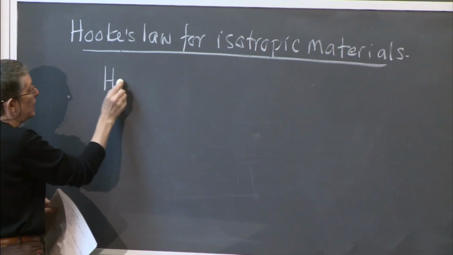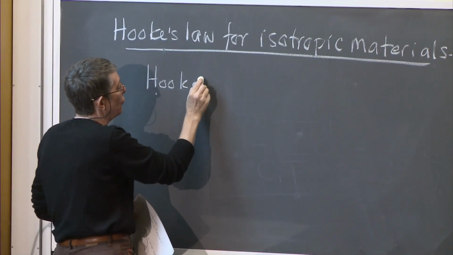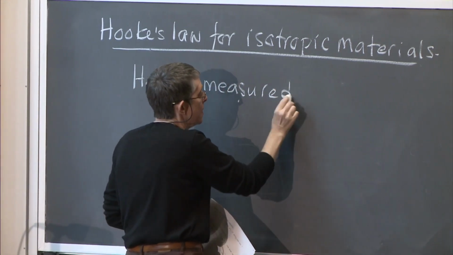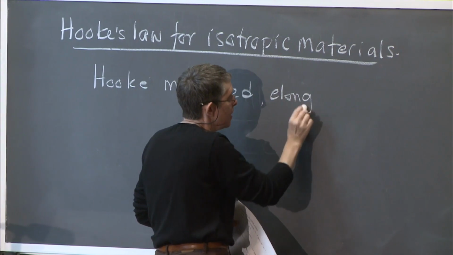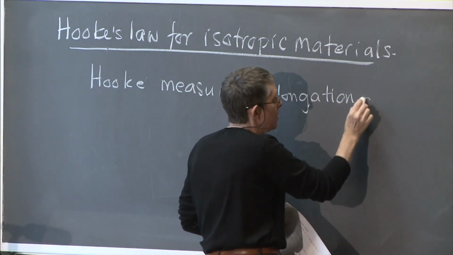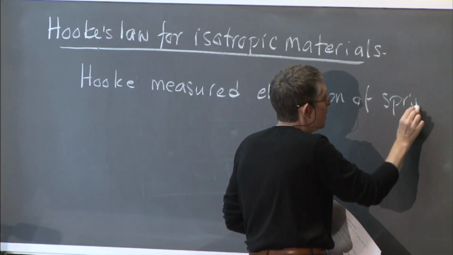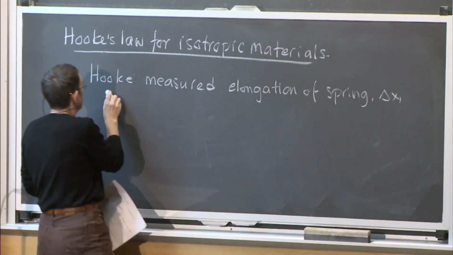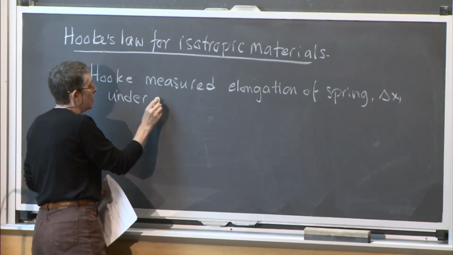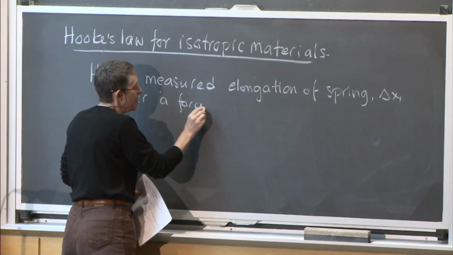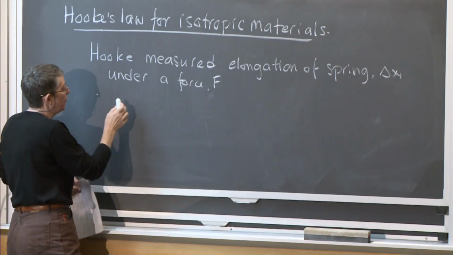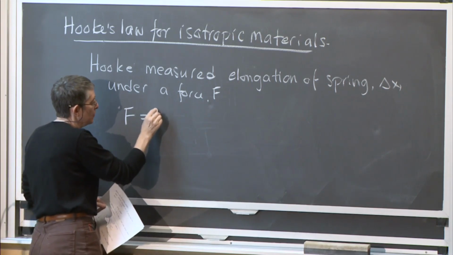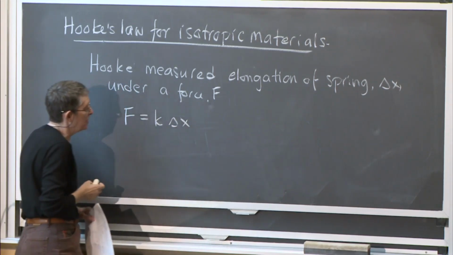Okay, so Hooke measured the elongation of springs under a force. So the elongation I'm going to call delta x, and the force we'll call F. And what he found was for his springs that the force was equal to some constant times the elongation.